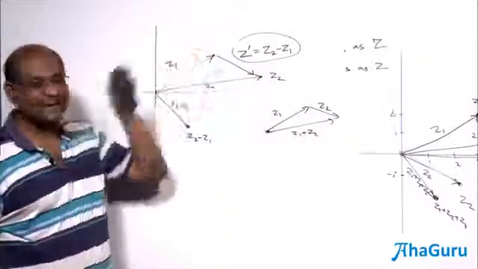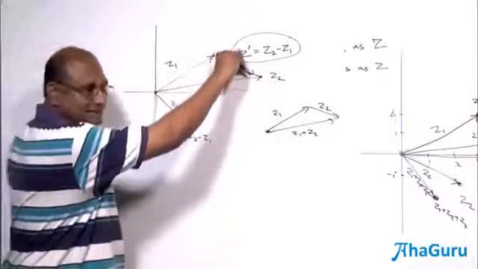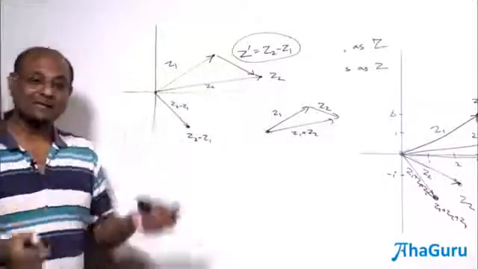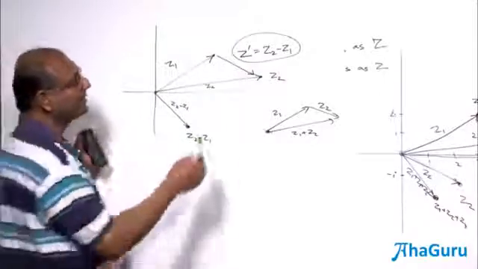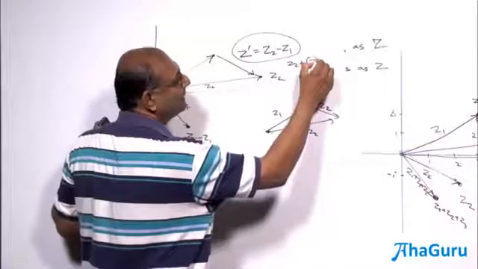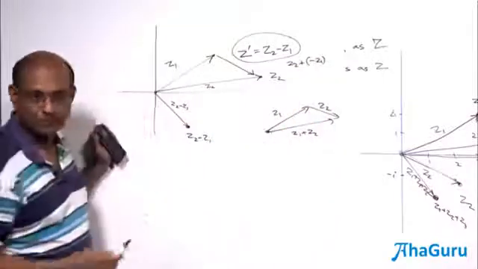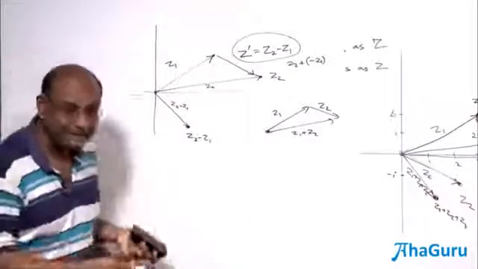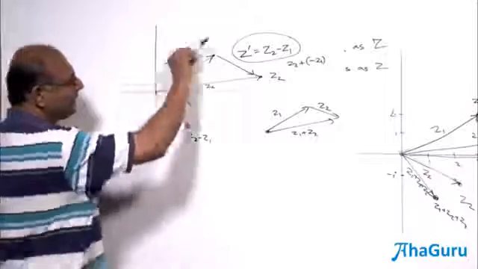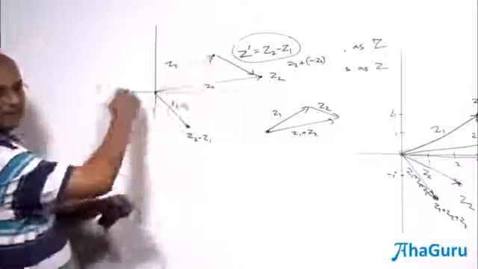Now I want to do the same thing here. Look, this is a mess, right? The arrow is there, but that point is there, so we have to move the arrow. Is there another way to do it? Absolutely, because if I want Z2 minus Z1, it is Z2 plus minus Z1. How do I find minus Z1? Take this Z1, flip it.